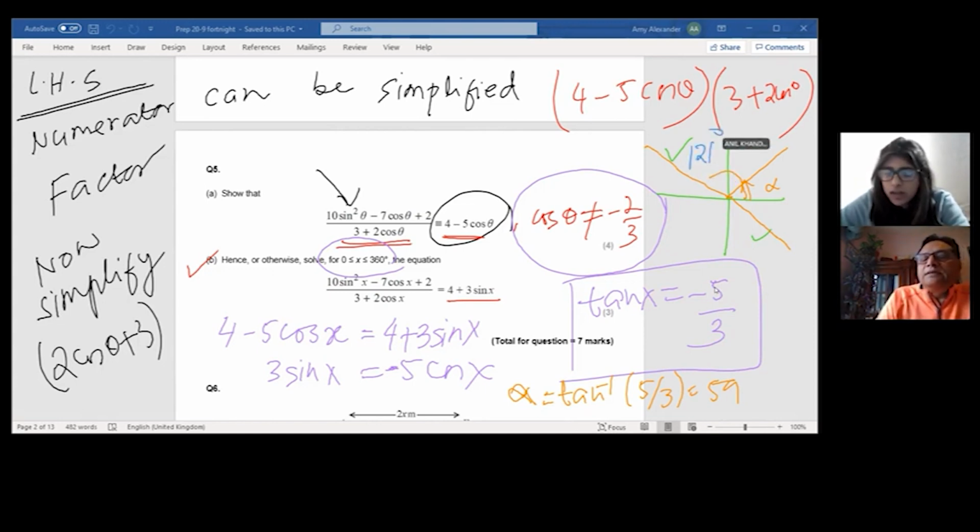And then you add 360, so 301 degrees. So those are your 2 solutions for the given equation. Is that clear to you? This is a very standard type of question: you simplify in one part, then apply that simplification to solve an equation.